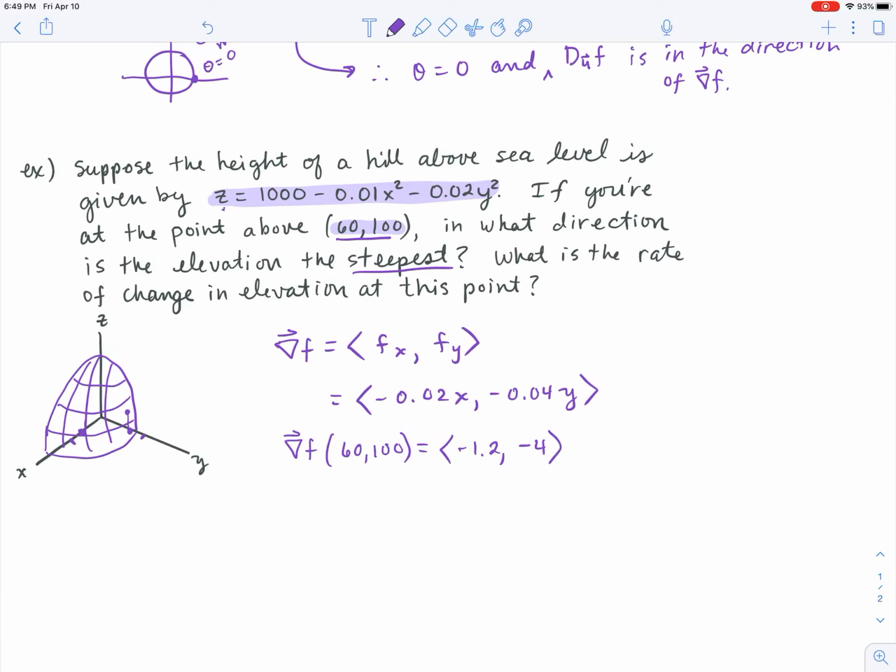And that is the direction of maximum steepness, or the maximum change in elevation.